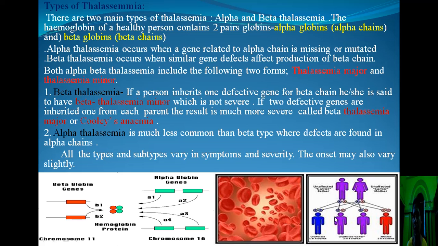If one provides a normal gene and the other provides a thalassemic gene, this child will be a carrier. This child is also a carrier. If both the parents provide thalassemic genes to the baby, the baby will become thalassemic. This follows Mendel's law. So this is a Mendelian disorder.